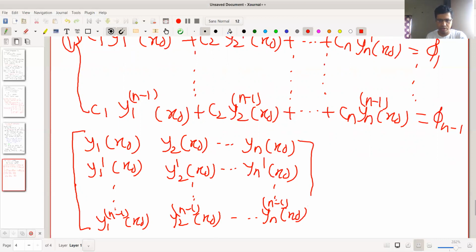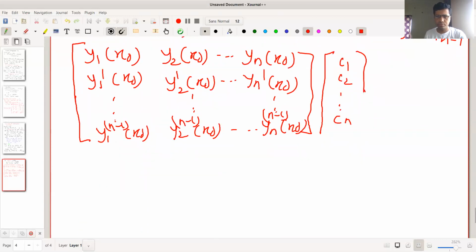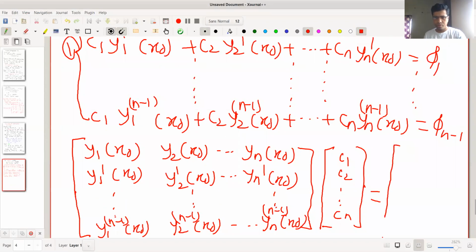This matrix multiplied by the column vector c1, c2, and so on, cn, is equal to phi 0, phi 1, and so on, phi n minus 1.